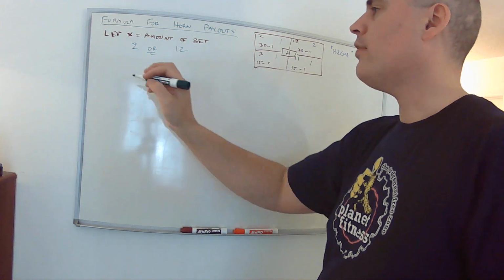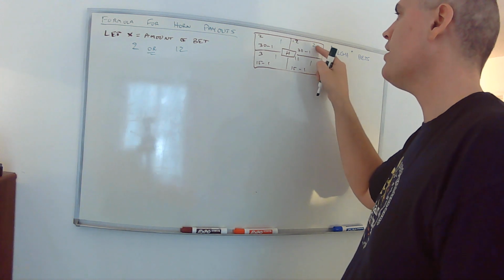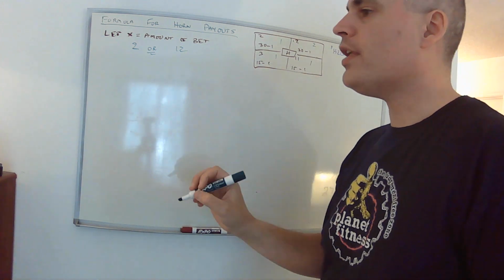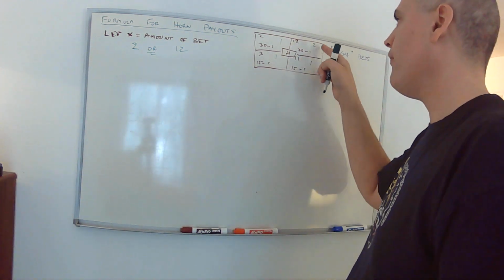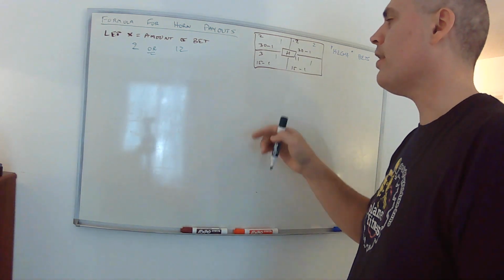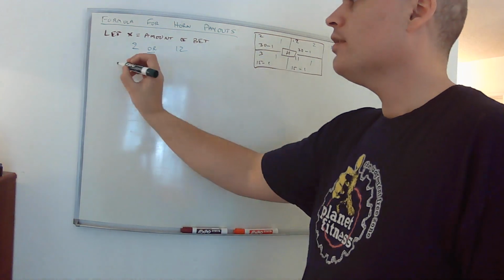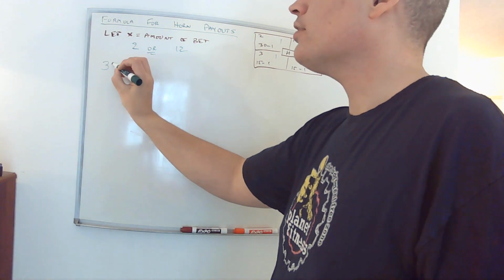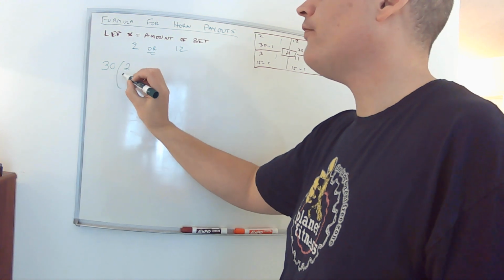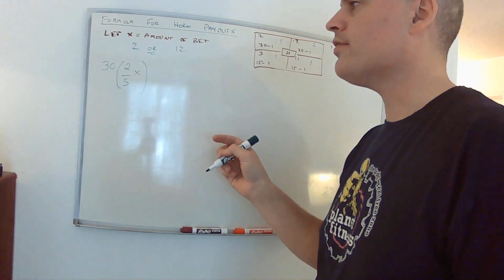What do we have? What do I know is going to win? I'm going to win 30 times 2/5 of my bet, because 2/5 of my bet are here. The other 3/5 are here. I've got 5 total. I've got 3 of the 5 here, 2 of the 5 here. So I'm going to win 30 times 2/5 of my bet, whatever my bet was in the case of a win.